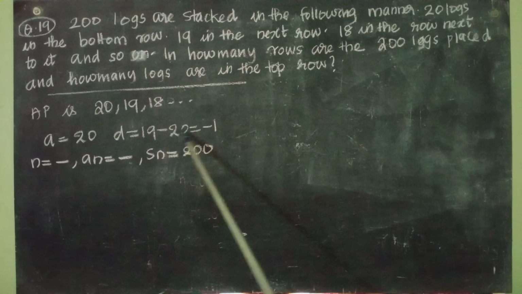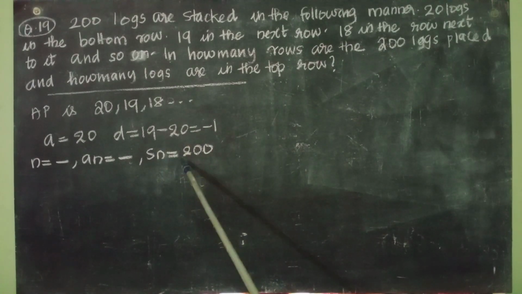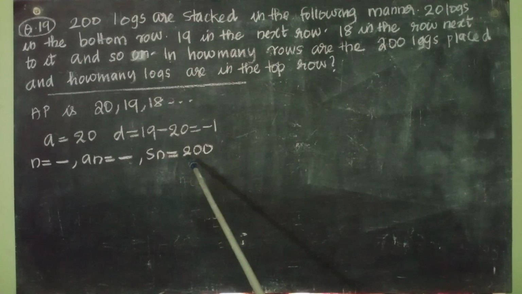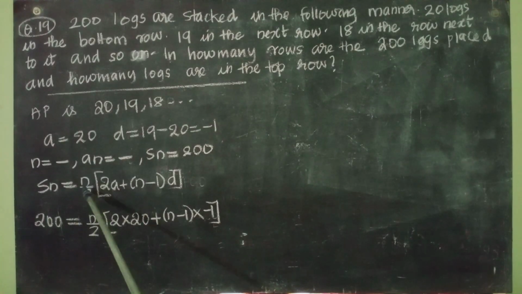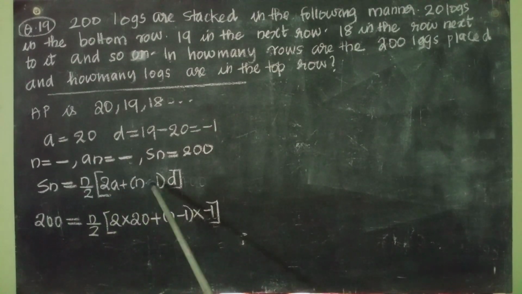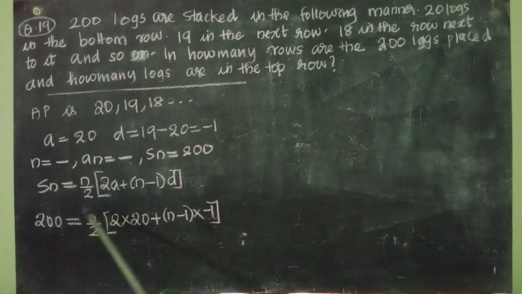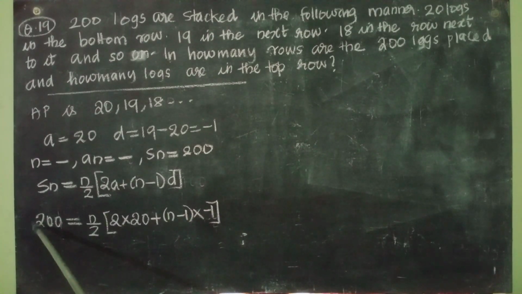So the given thing is Sn, so we can start with Sn. Sn equal to n by 2 into 2a plus n minus 1 into d. That is 200 equal to n by 2 into 2 into 20 plus n minus 1 into minus 1. This division by 2 we can take to the left side, it becomes multiplication by 2. 2 into 20 is 40.